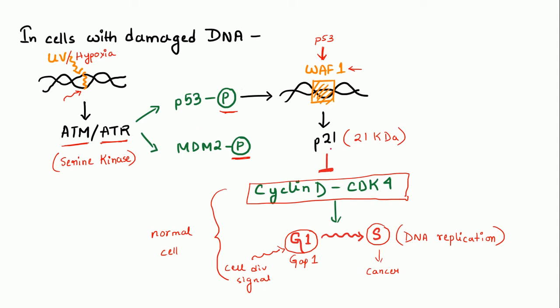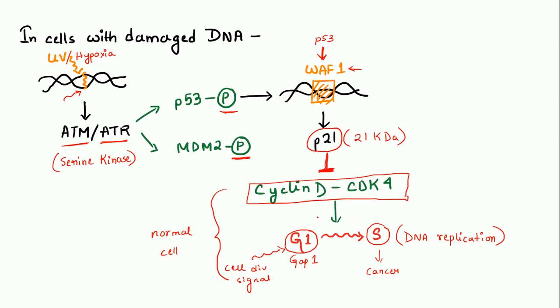So this whole p53 signaling, what it does, once p21 is encoded or translated, it inhibits this cyclin D CDK4 activity. So cyclin D CDK4 activity is inhibited, and the cell cannot transit from the gap1 to the synthesis or S phase, and the DNA is not replicated.